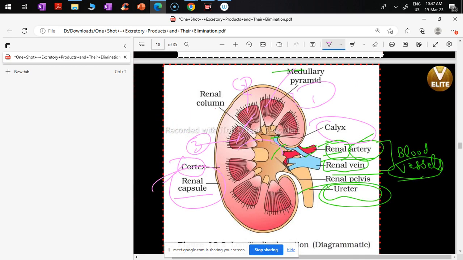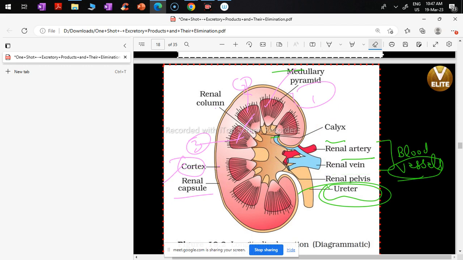Through this hilum only the blood vessels and ureters enter, but if I move inner to this hilum, then there is the renal pelvis, a funnel shaped renal pelvis, as I have told you. These brown colored structures here are your renal pelvis.